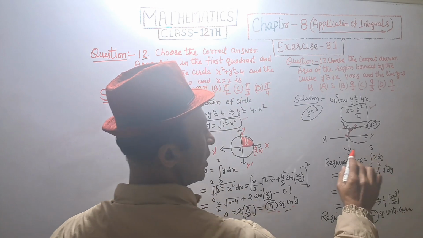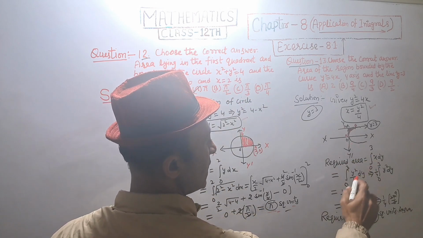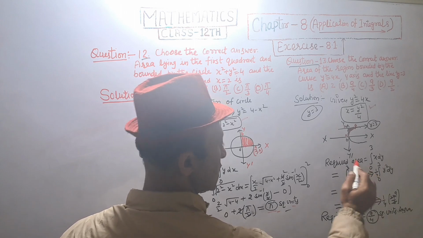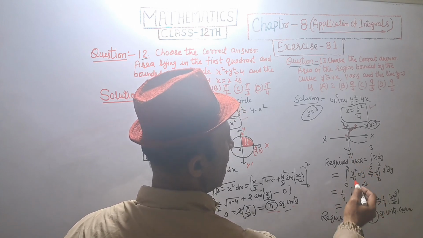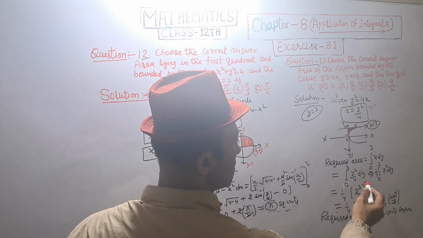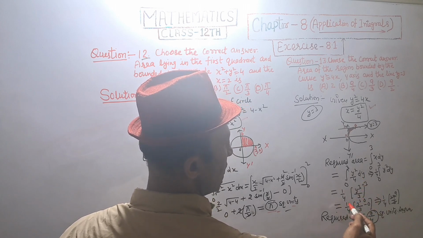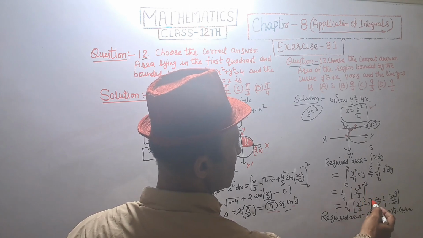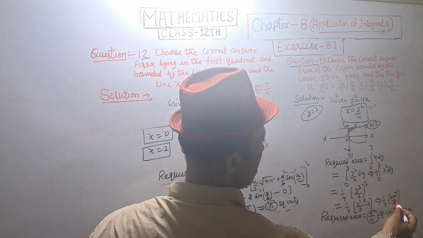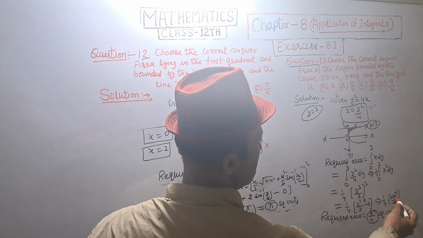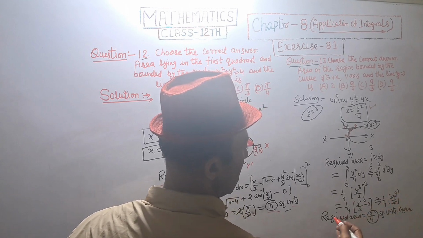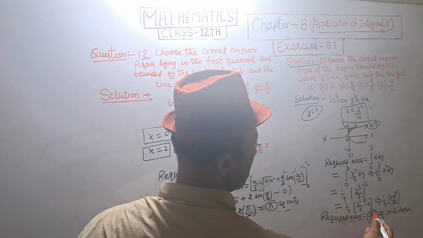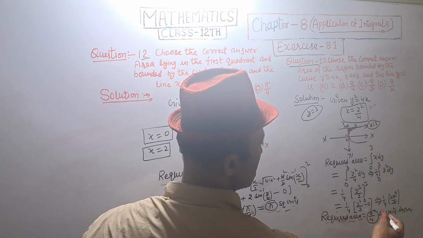We are integrating y raised to power 2 dy, that is y raised to power 3 upon 3 and limit lies 0 to 3, that is equal to 1 by 4. 3 3s are 9 3s are 27 upon 3 minus 0, that is 27 upon 3, which is divisible by 3. 9 3s are 27 and we get required area is equal to 9 upon 4 square units.